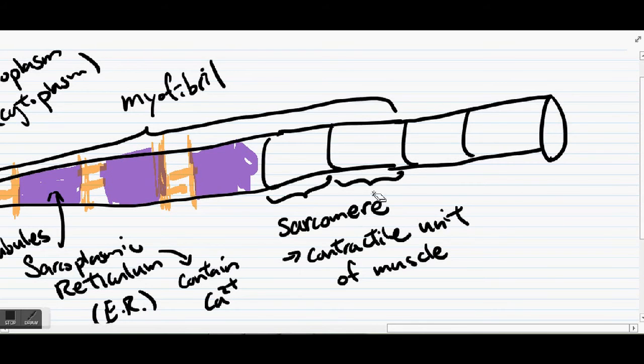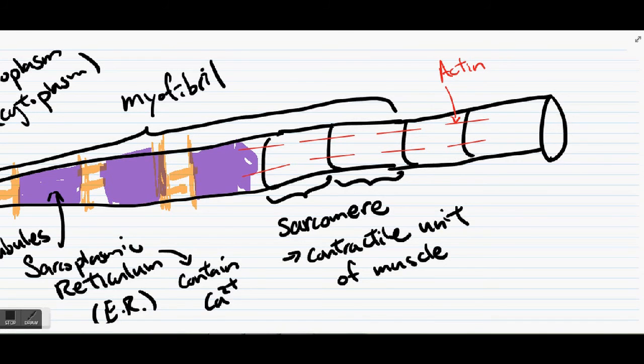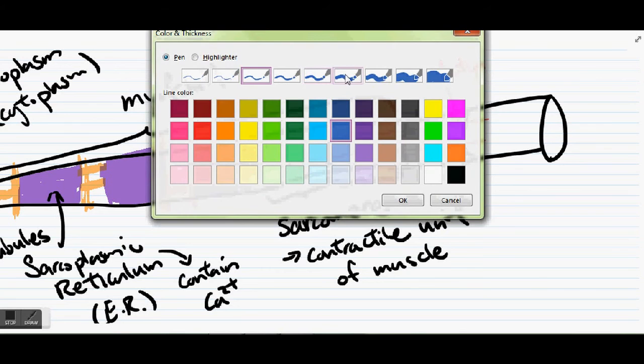And exactly how it contracts is going to be discussed later, but for now it suffices to understand what makes up a sarcomere. So we have these thin proteins called actin, and they surround a much thicker protein called myosin.